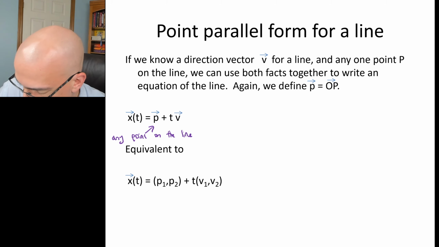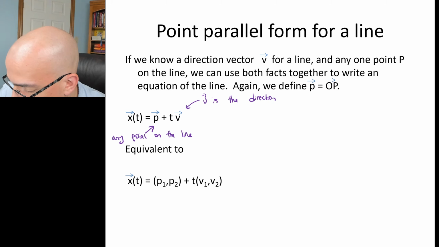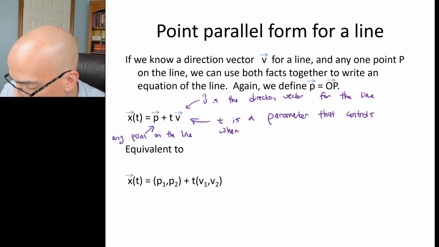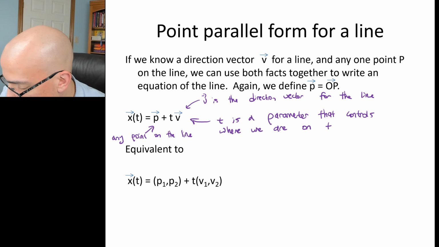V is the direction vector for the line. T is a parameter that controls where we are on the line.